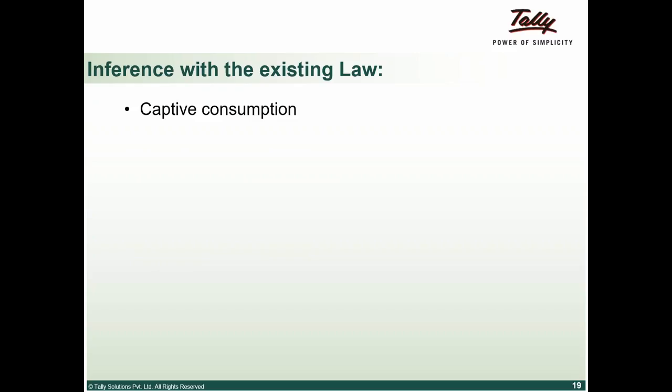Captive consumption, yes, under excise we have the captive consumption. The same thing will be applicable under GST. Reversal of ITC, broadly we have seen this reversal of ITC in the case of VAT. Reversal of ITC is also applicable under GST.